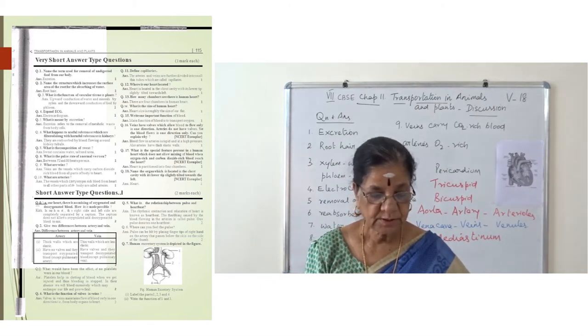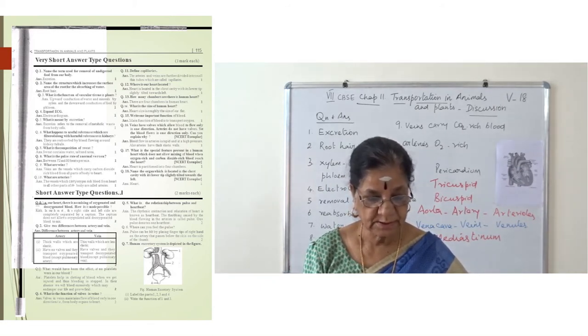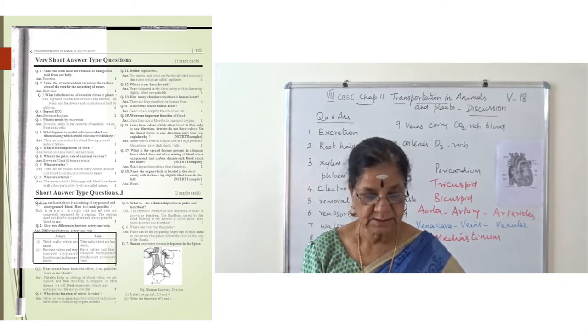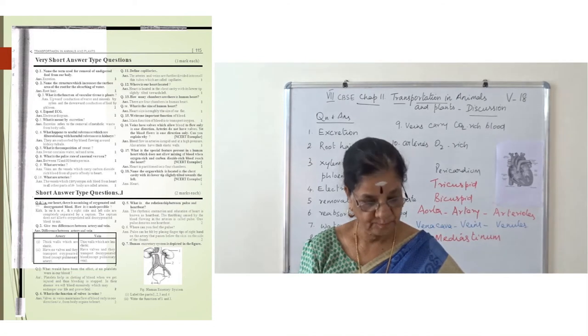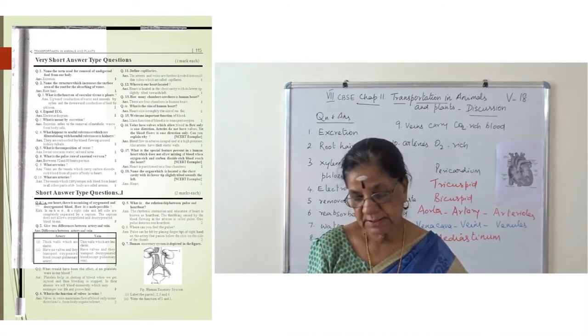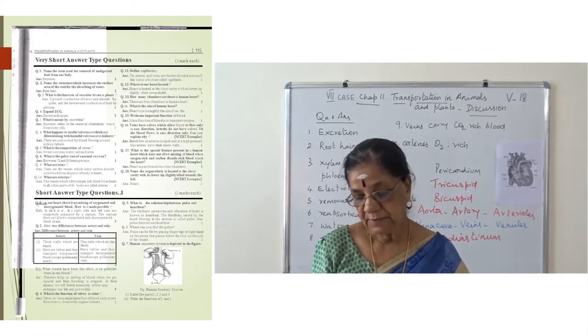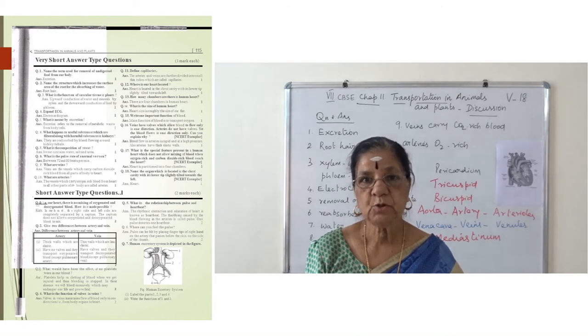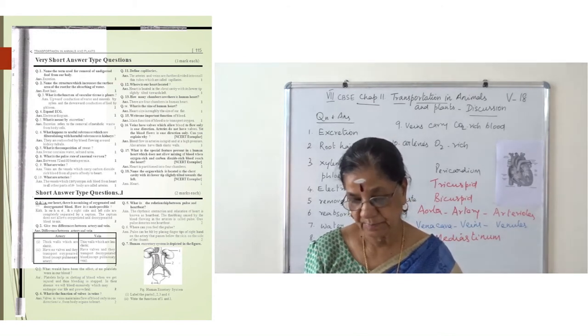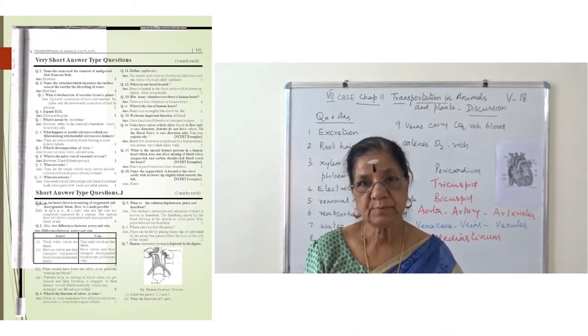So, the organ which is located in the chest cavity is the heart. I hope you understand. Then in our heart there is no mixing. The right and left sides are completely separated by the interauriculoventricular septum. So blood will not mix.